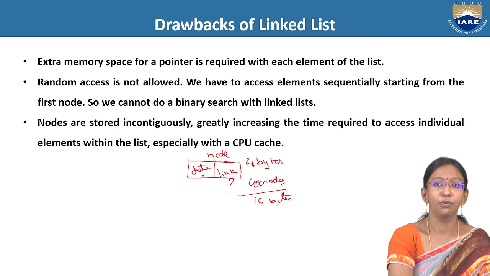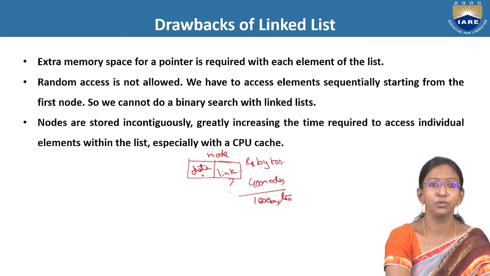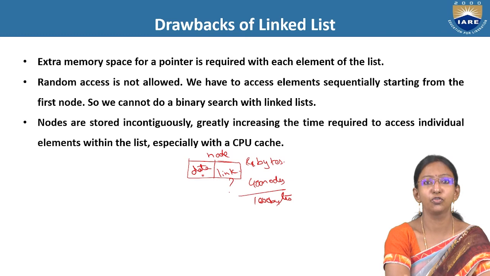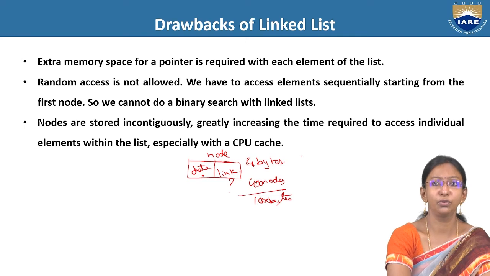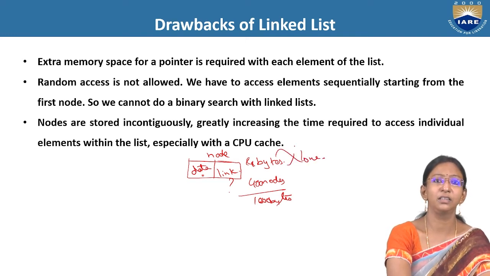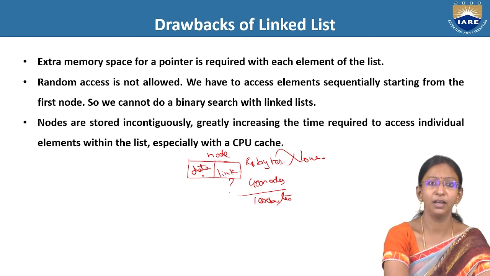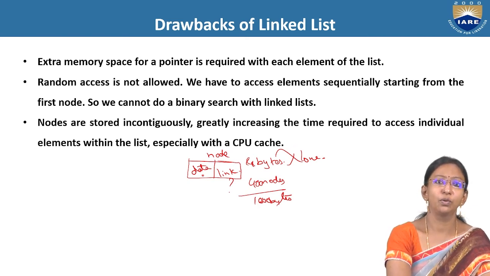What if there are 400? 1600 bytes will be used for the same. So as the node count increases, the amount of memory required to store the address of the next node also increases. Even if you want to store none for the last one, even that needs some memory, right? The same 4 bytes will be allocated.